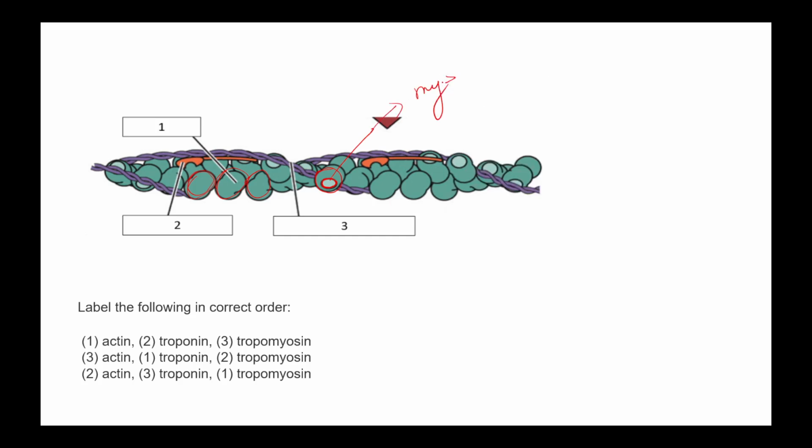These sites are for myosin binding. Even though the myosin is there and has its actin binding site, the myosin cannot bind to this actin because the actin's myosin binding site is covered with tropomyosin. So the function of tropomyosin is to cover the myosin binding site on the actin.